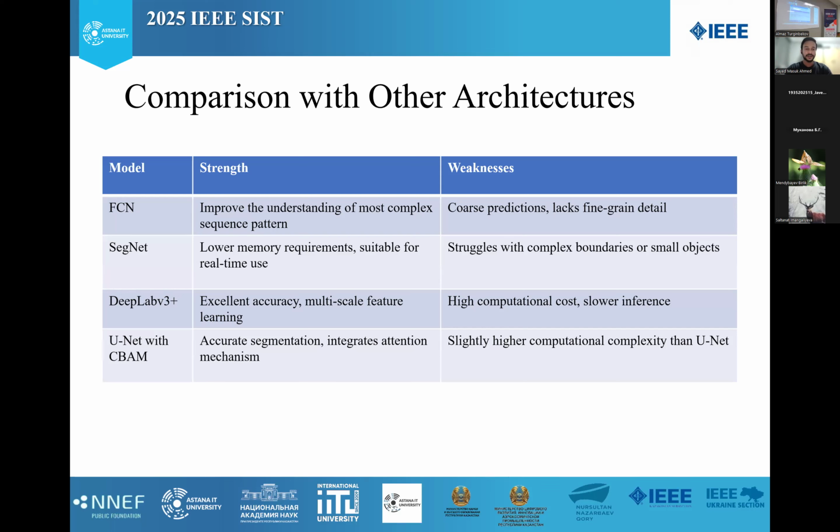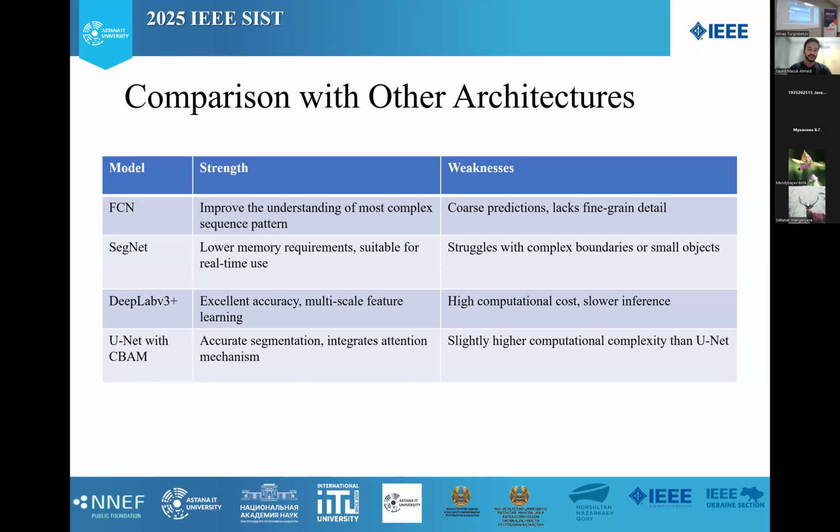Okay, so here you can see FCN improves the understanding of complex sequence patterns, and it also has a weakness in coarse prediction, like fine-grained details. Then SegNet has low memory requirements, suitable for real-time use, and also struggles with complex boundaries or small objects.